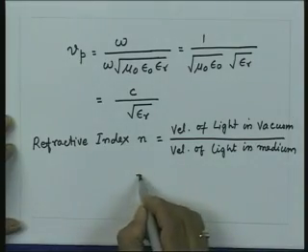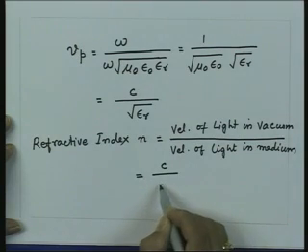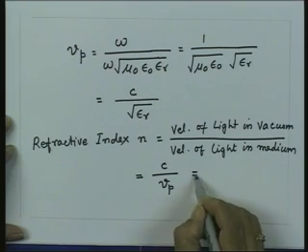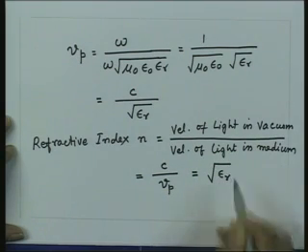So, this quantity is nothing but c divided by Vp, which is nothing but square root of epsilon r.